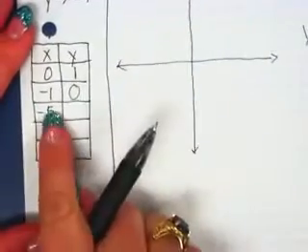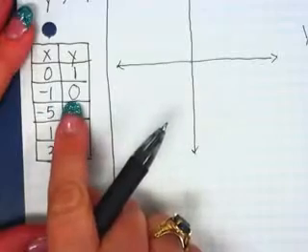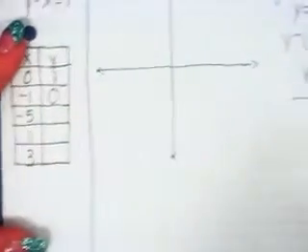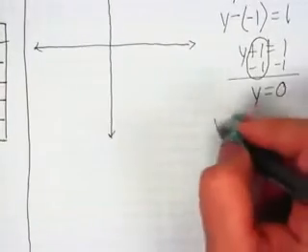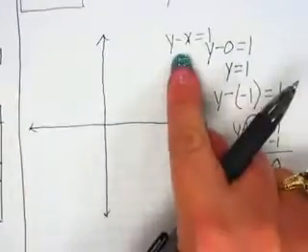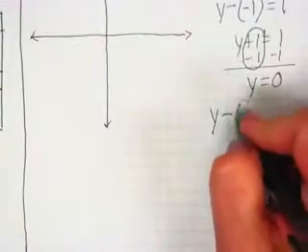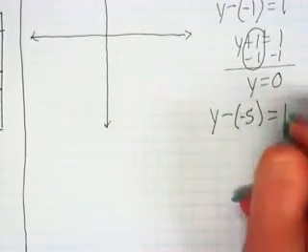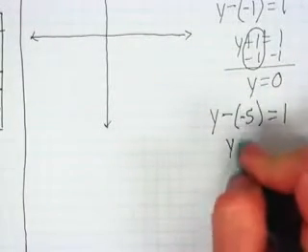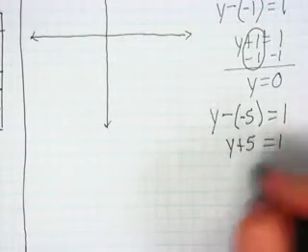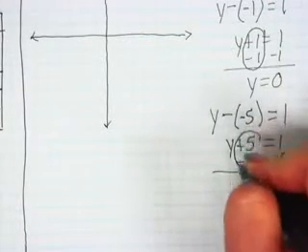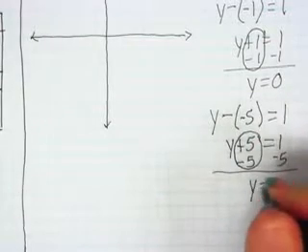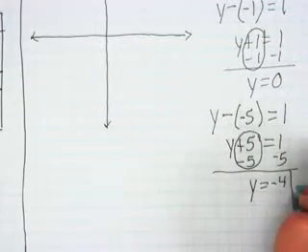So if x is negative 1, y is 0. What happens if x is negative 5? So again, y minus the x, and the x is negative 5. A minus minus is a plus. Subtract the 5 from both sides. This is a 0. Y equals negative 4.